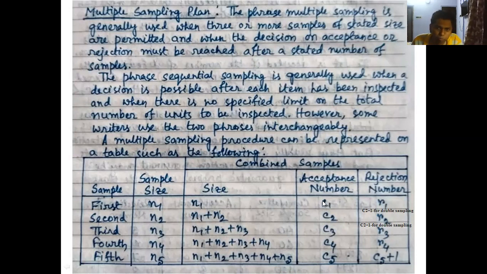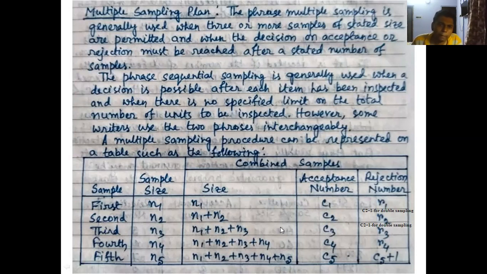But if it is within C1 and R1, then you will go for a second sampling. In this case, you will take a sample size of N2, so your total sampling size will be N1 plus N2.